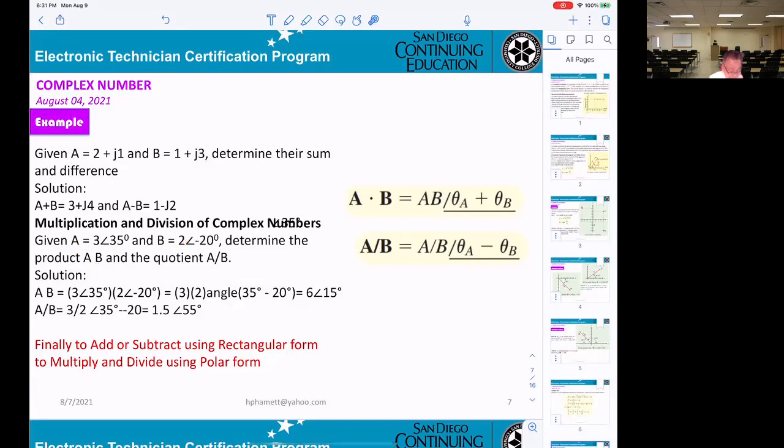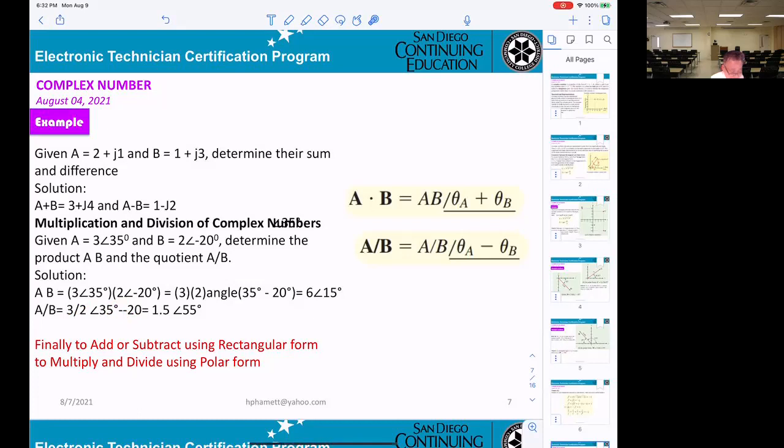They want to know the product A times B, and the quotient A divided by B. So A times B, you multiply 3 times 2, and the angles will be added up. 3 times 2 is supposed to be 6. The angle is added, and since this is a minus here, 35 minus 20, you get 6 at angle 15 degrees. If you divide, you take 3 divided by 2, and the angle will be subtracted.